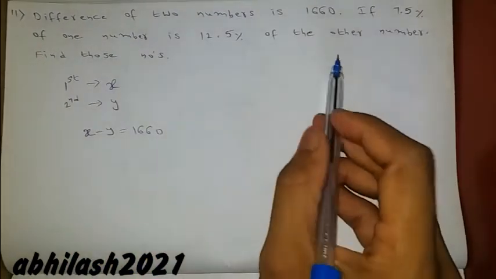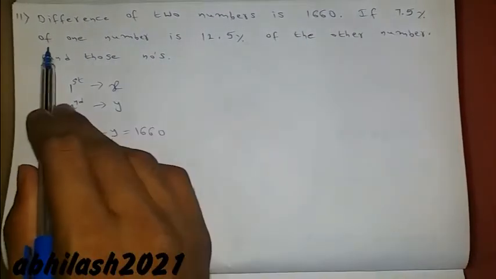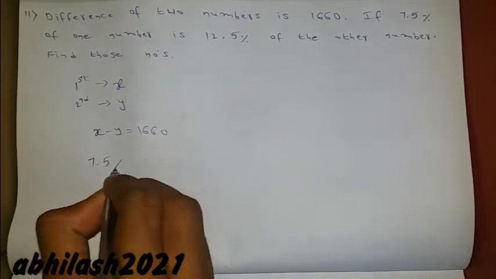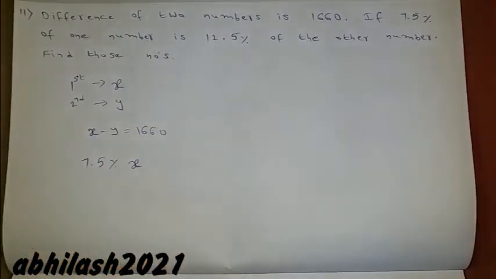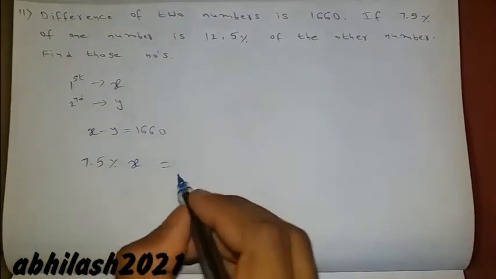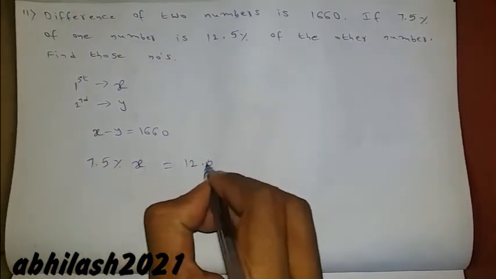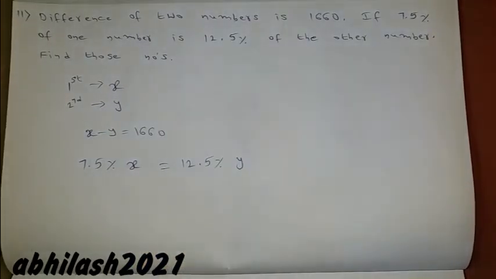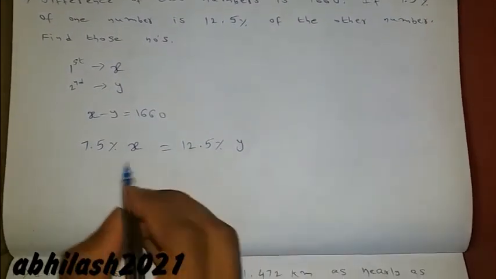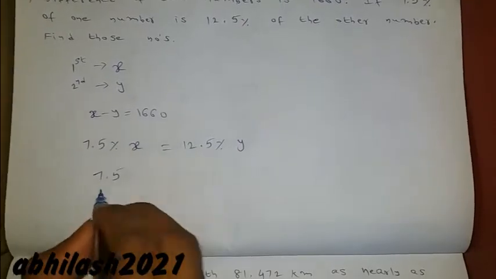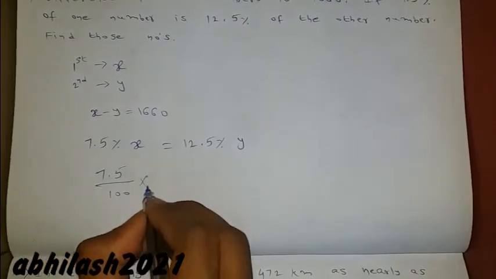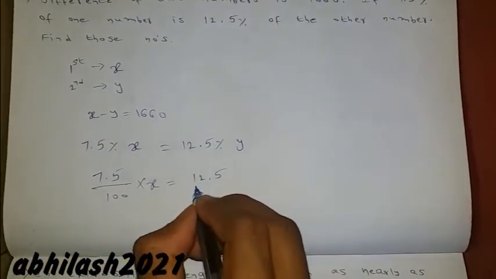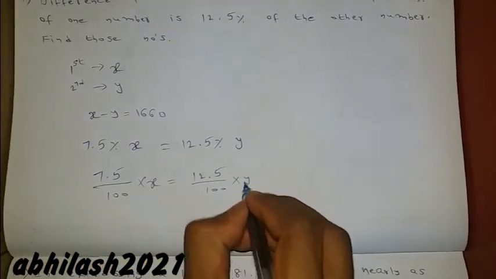Next, 7.5 percentage of one number is equal to 12.5 percentage of the other number. If we solve this, 7.5 percentage by 100 into x is equal to 12.5 percentage by 100 into y.